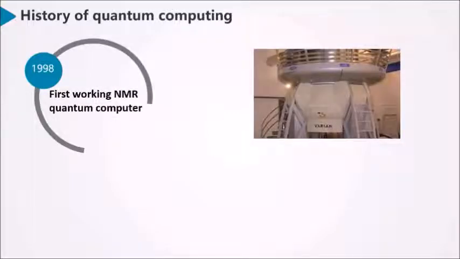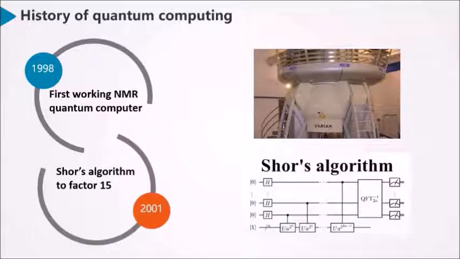In 1998, a working 2-qubit NMR quantum computer was used to solve the Deutsch problem. In 2001, the first execution of the Shor algorithm at IBM's Almaden Research Center and Stanford University factored 15 into 3 and 5.